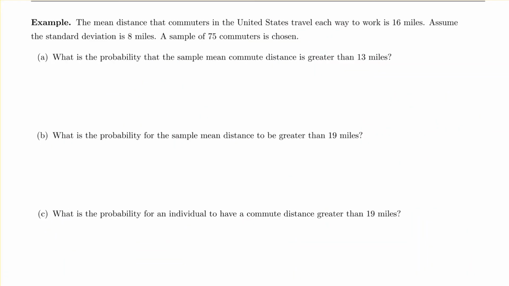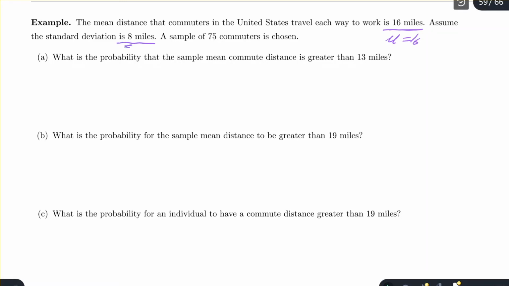So let's look at a problem within a context. The mean distance that commuters in the United States travel each way to work is 16 miles. So that's the mean value. Assume the standard deviation is 8 miles.